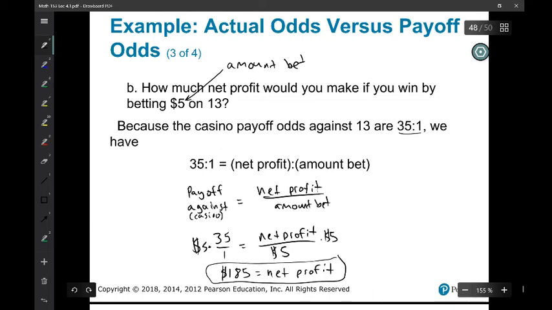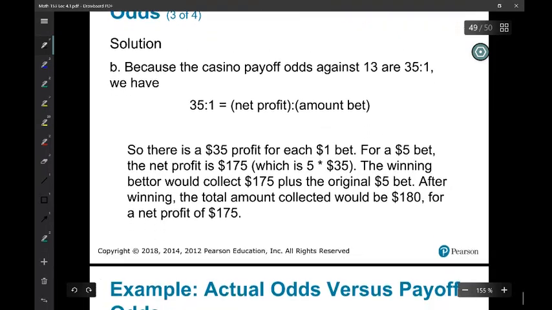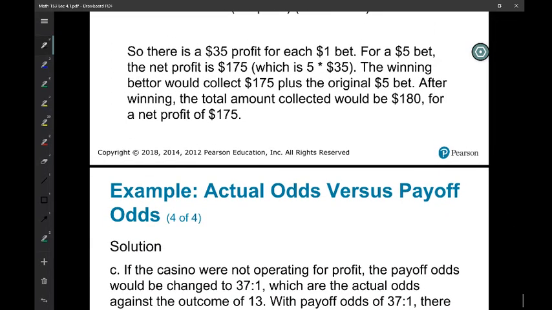So 35 over 1 would be the casino payoff odds. So in that case, it would be 5 times 35, 175. And that's the net profit. You also get your $5 back, so 180 total.